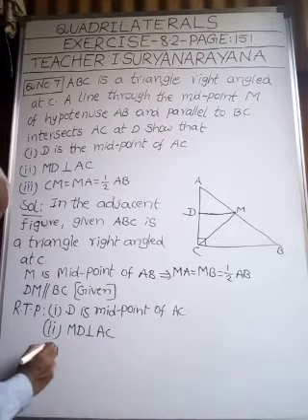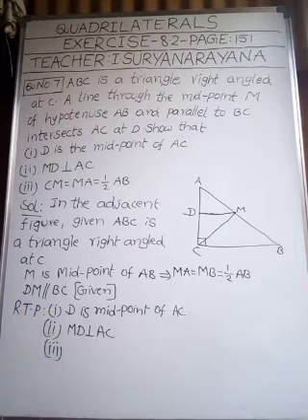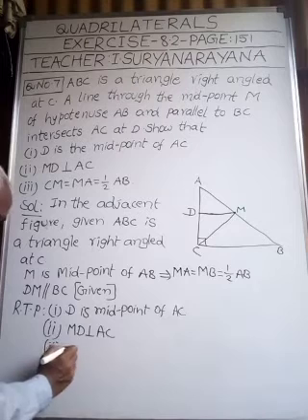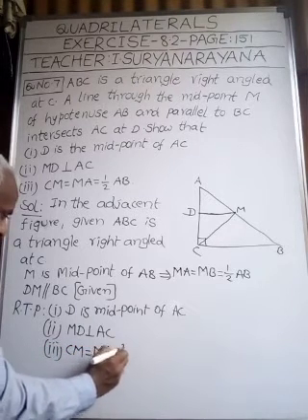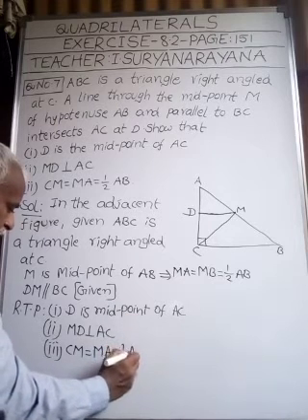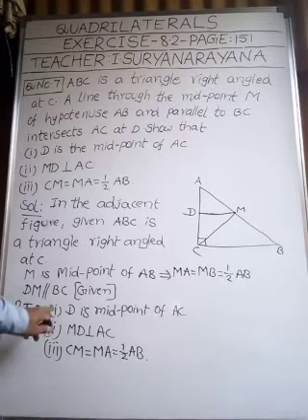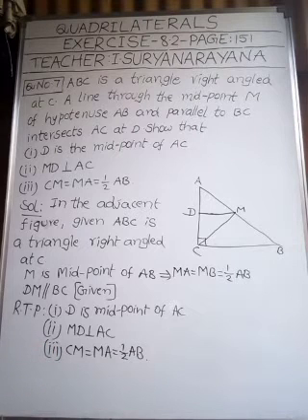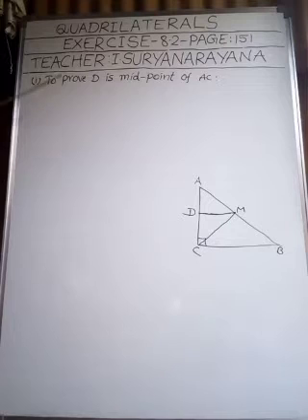And the third part: CM is equal to MA, which is equal to half of AB. We have to prove these three parts one by one. Now come to the first part.